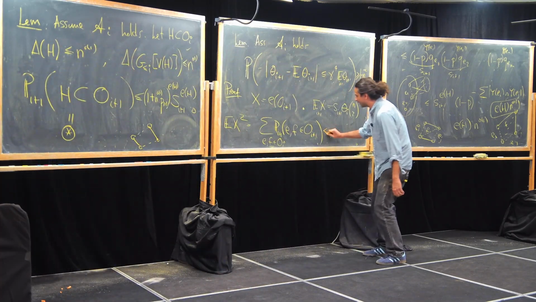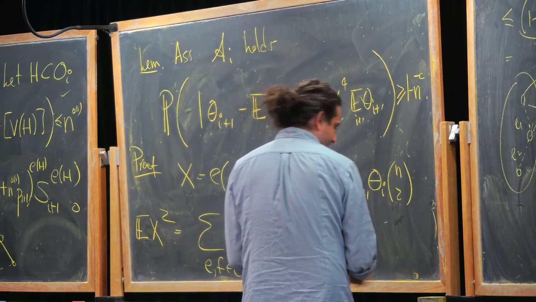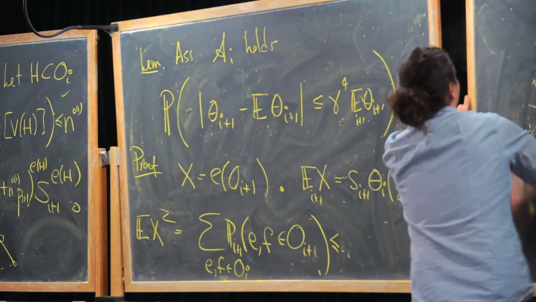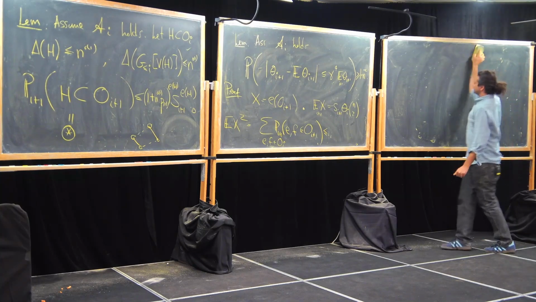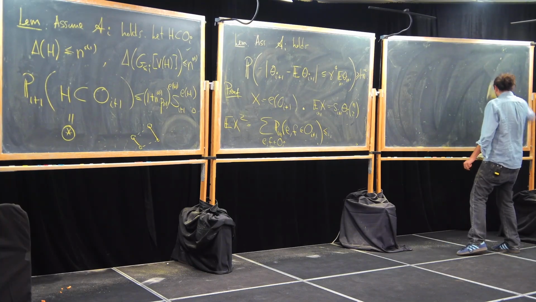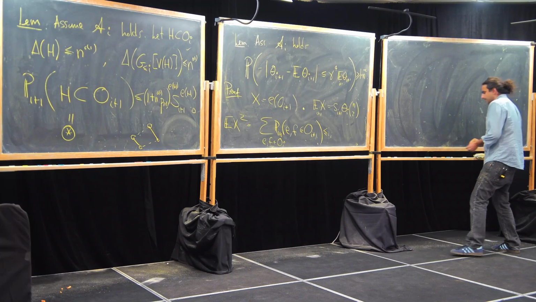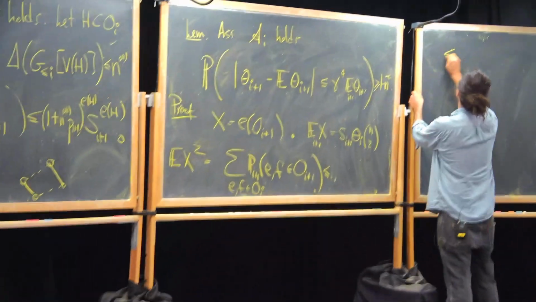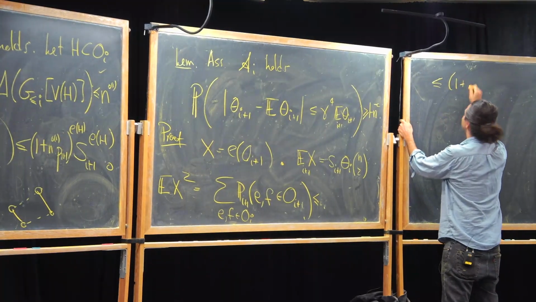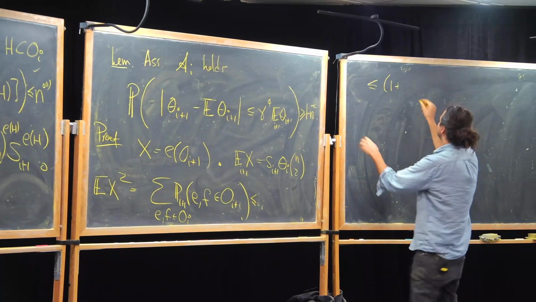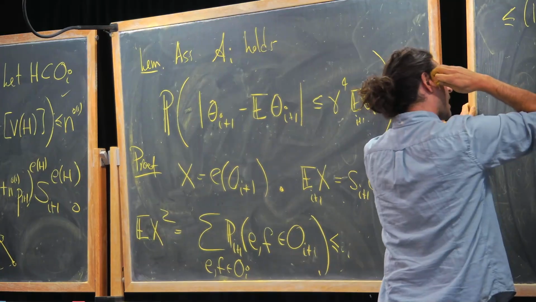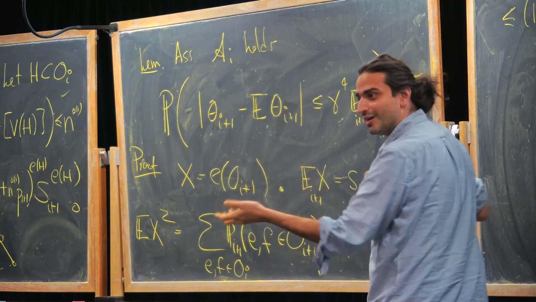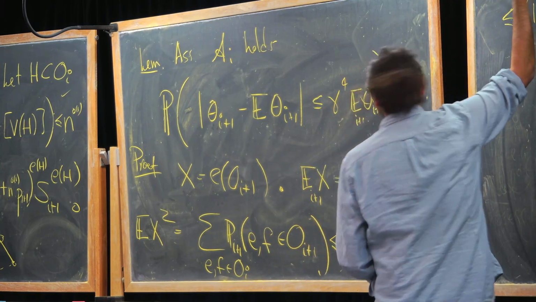This lemma says that I can factorize this probability and call it a day. So this is at most 1 plus some error term, which I don't care too much about. I'll just put something like this. The number of edges is 2, so I'm not even going to put the 2 here.